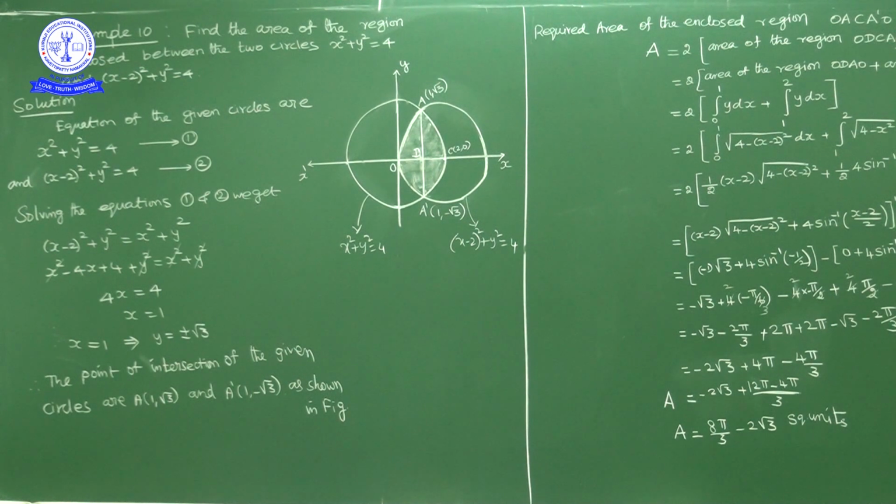But instead of finding this total area, if you observe, the area above x-axis and the area below x-axis are both the same. So shaded region area is equal to 2 times the area of the region ODCAO, that is, 2 times the area above x-axis.